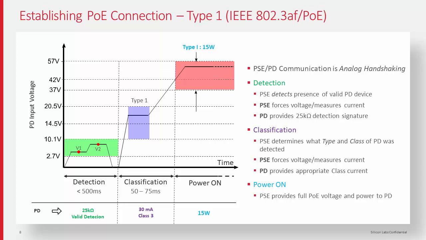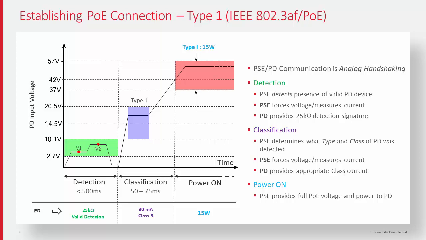So the first step of that handshake is detection. After you've detected, what you've said is, okay, I, the power sourcing equipment, see you, the powered device, on the other end. And then what's going to happen next is the power sourcing equipment is going to go into this stage called classification.